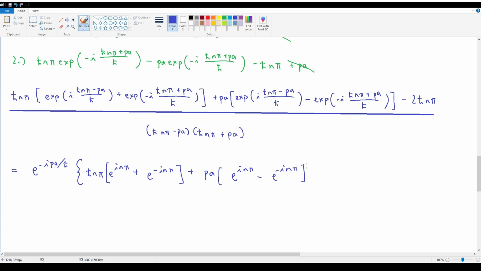And then this is all bracketed in, minus 2 h bar n pi. And at the bottom, h bar squared n squared pi squared minus p squared a squared.